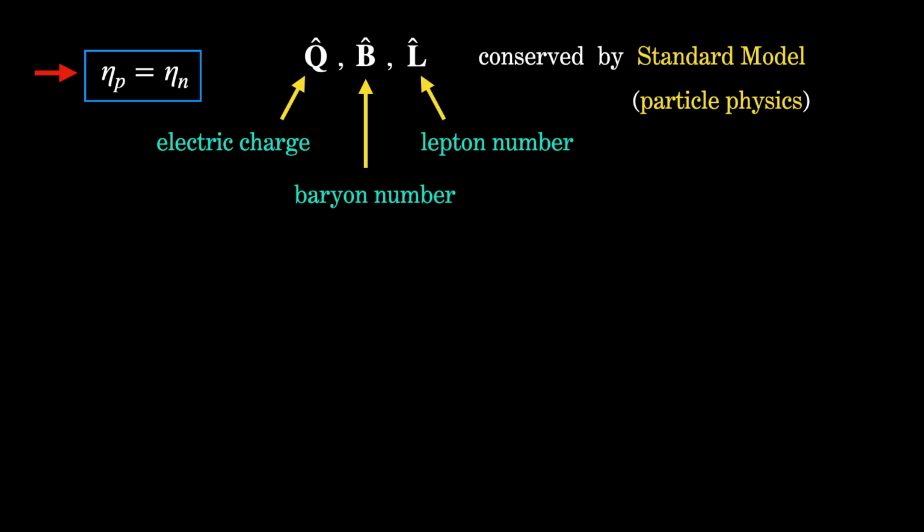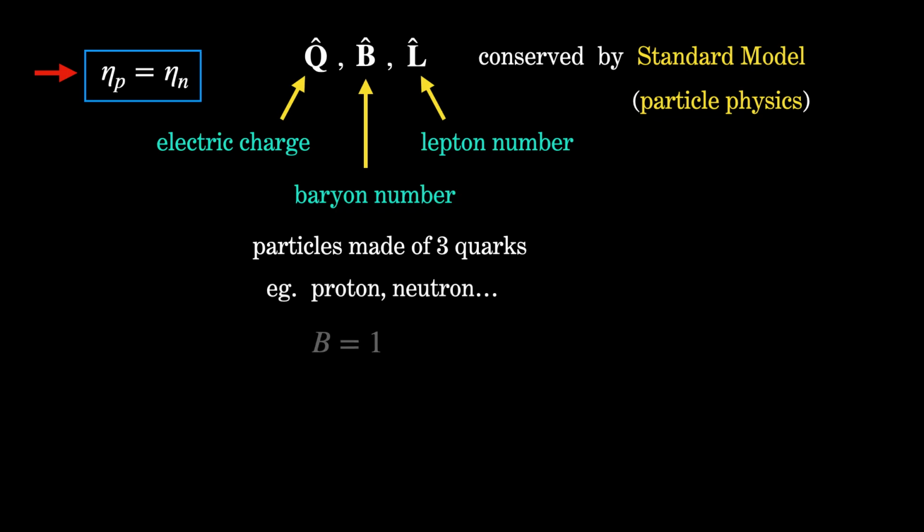The baryon number counts the number of particles which are made up of 3 quarks, while the quarks themselves have baryon number of 1/3. For example, the proton and neutron both have baryon number 1. The lepton number counts the number of electrons and neutrinos. These particles have baryon number 0. An elementary particle can either be a baryon or a lepton.